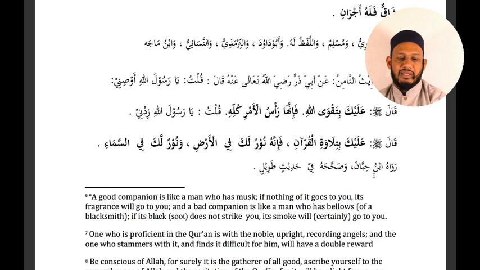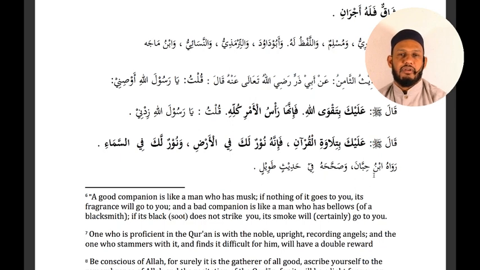So what does it mean, alayka bitaqwa Allah? In Arabic, if you say something's alayka, it means it's incumbent, it's necessary upon you. It's almost like an amr. Alayka bitaqwa Allah means have taqwa of Allah. It is incumbent upon you to have taqwa of Allah.